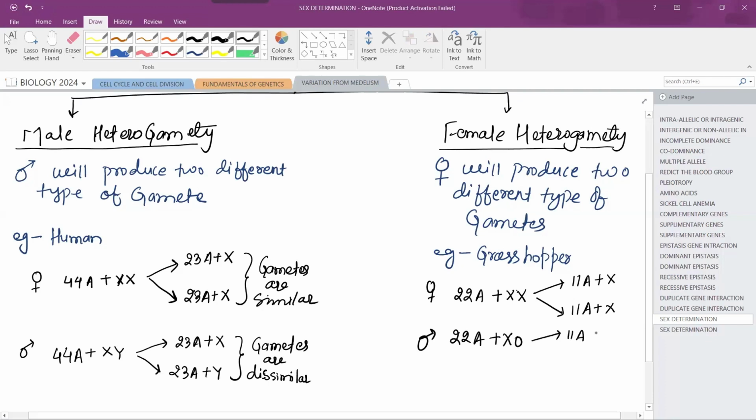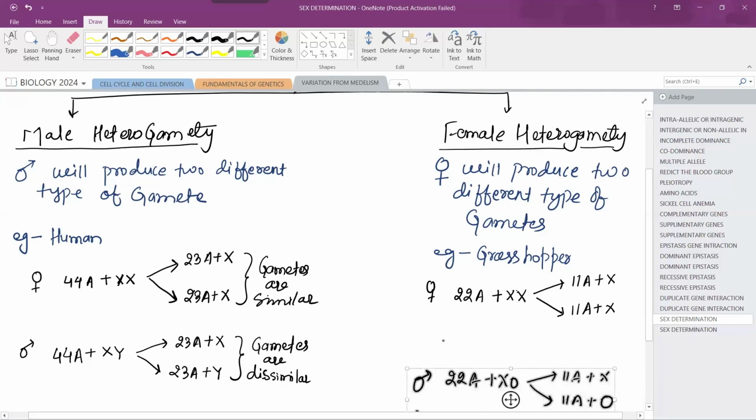This will produce 11A plus X, and this will produce only 11A with one reduced chromosome. So it has only 23 total chromosomes. So in case of grasshopper, the diploid cells of the male have only 23 chromosomes, but in case of female there is 2n with 24 chromosomes.